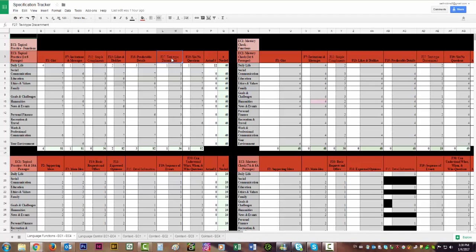Now the way that this pertains to you, when you create questions for your passage at the EC1 level, you are going to create 4 questions. When you create those questions, you need to tag each one of those questions with F1.